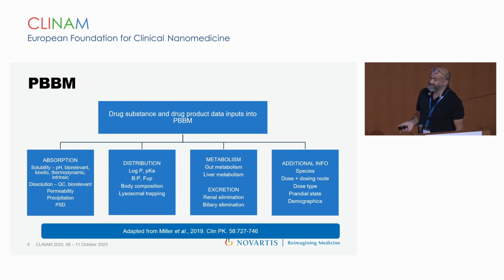In terms of distribution, we're mainly looking at the log P, pKa, the blood to plasma ratio, and the fraction unbound in plasma, and there are a couple of other minor contributors as well. We also need to take account of metabolism and excretion. On top of all this, we need some additional information: what species we're modelling, the dose and dosing route, the dose type, the prandial state, and any demographics.